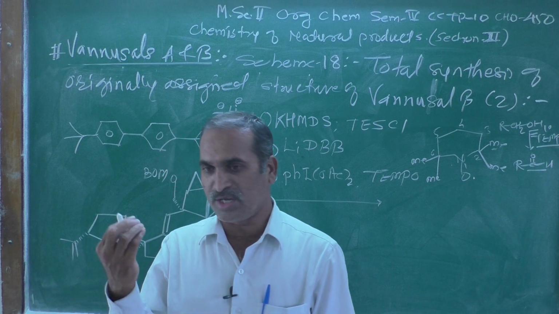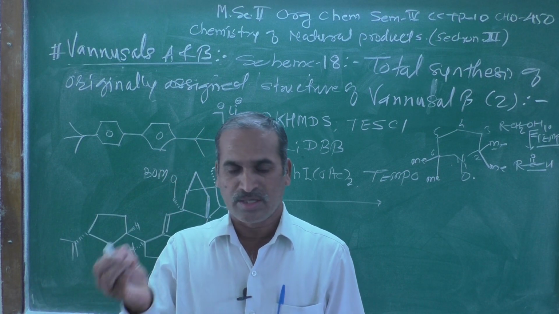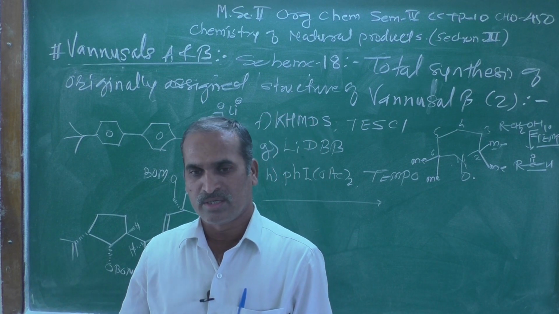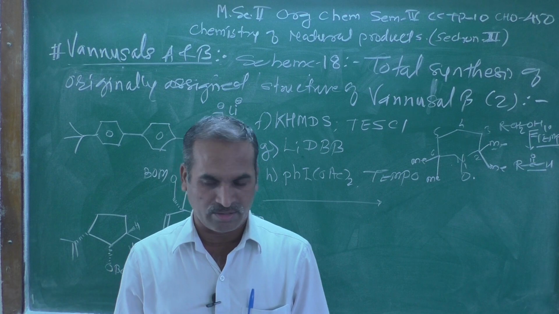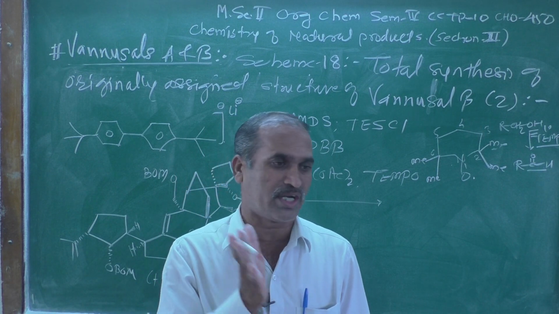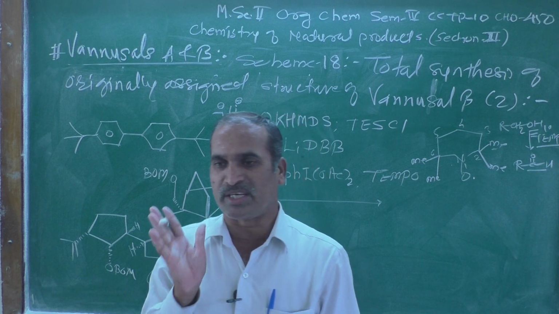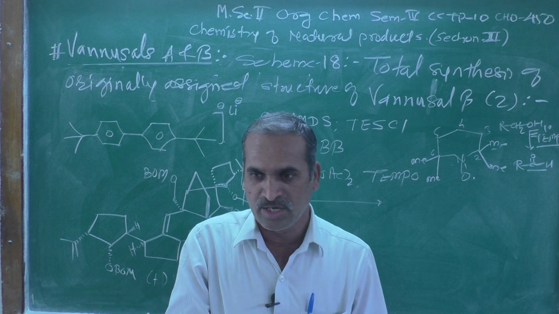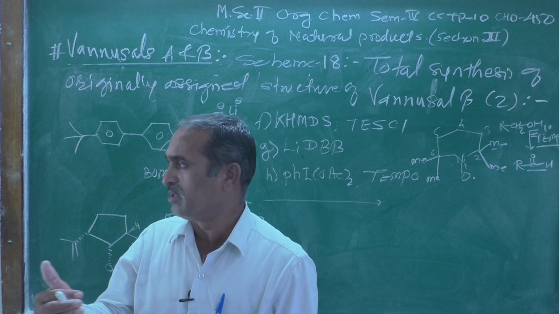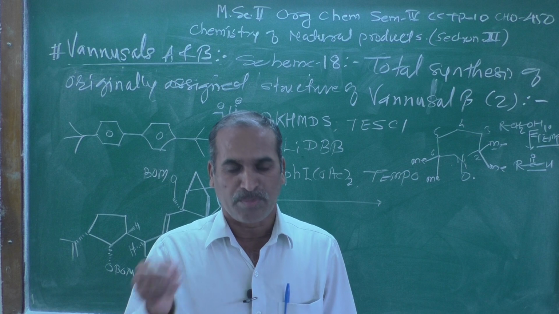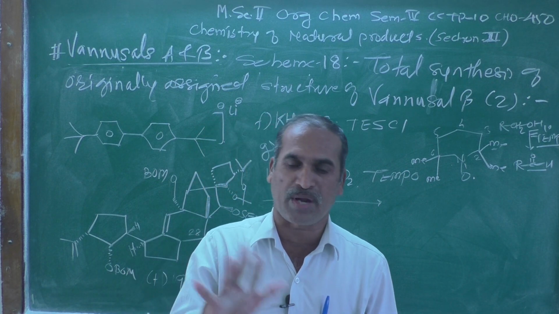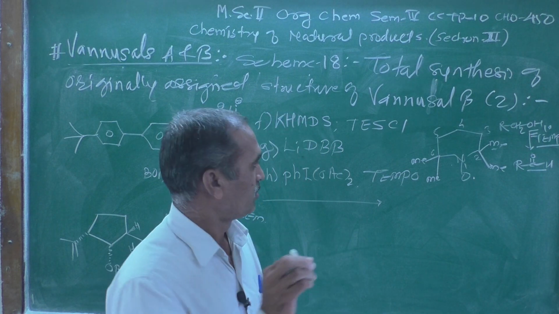If you use strong oxidizing reagents, the primary alcohol is directly converted into a carboxylic acid. You cannot stop the reaction at the aldehyde stage, and to stop the reaction at the aldehyde stage, pyridinium plays a big role for the selective conversion of primary alcohol to the aldehyde.